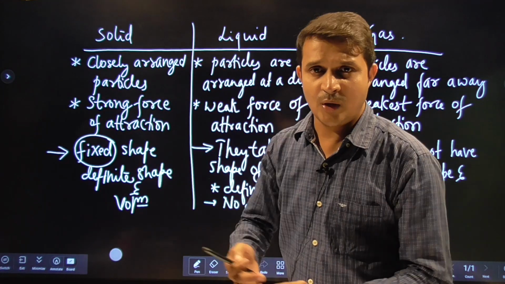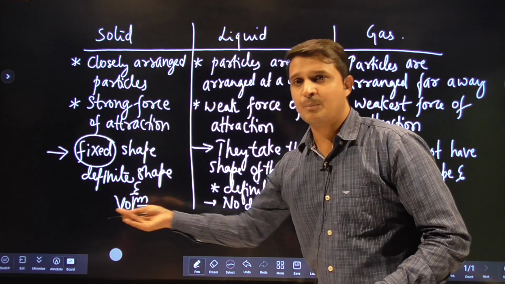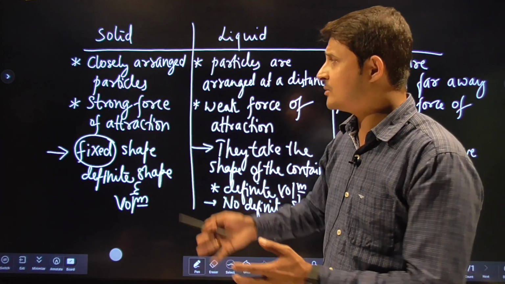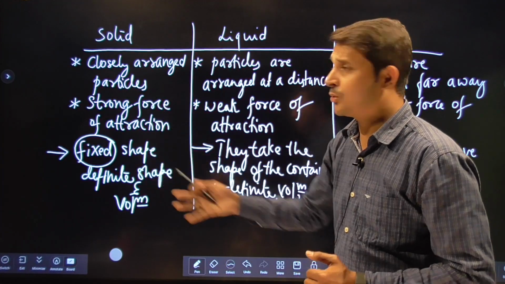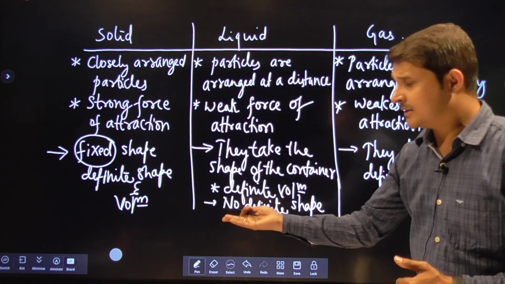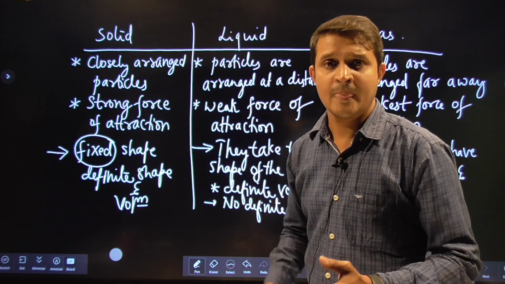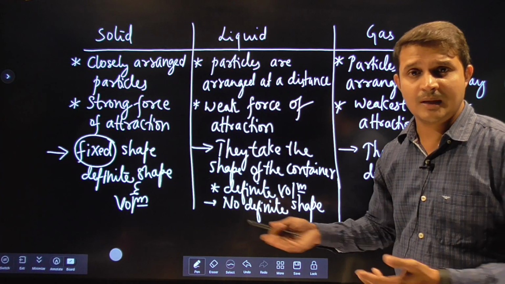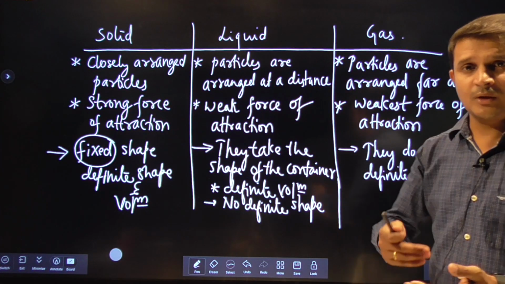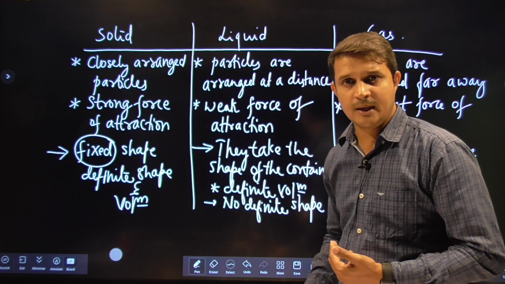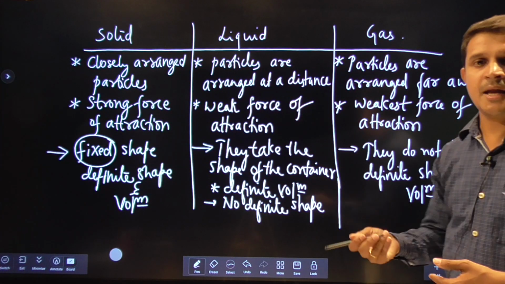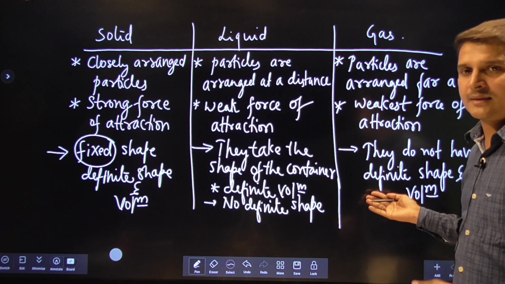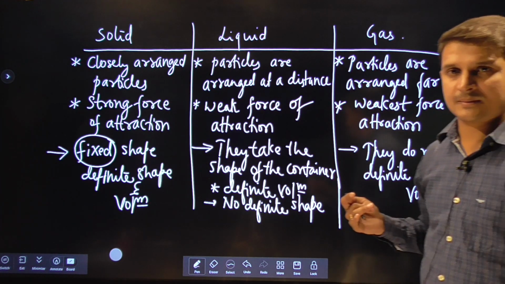We can take any solid metal, desk, bench, or any solid substance as an example. For liquids, water is a very good example. It is free to move, so it will flow on the floor, right? Next, gases. N number of gases are present in nature, and we can give a lot of examples of gases.